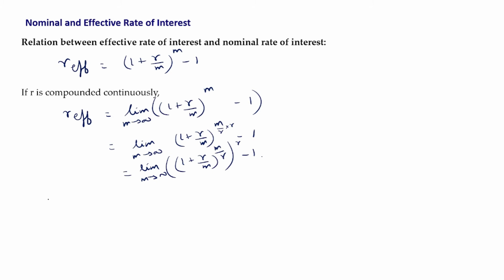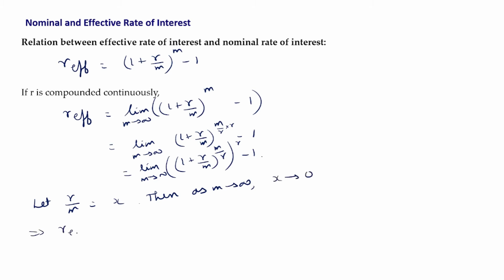Let us take R/m equal to x. If R/m is equal to x, then as m tends to infinity, x tends to 0.